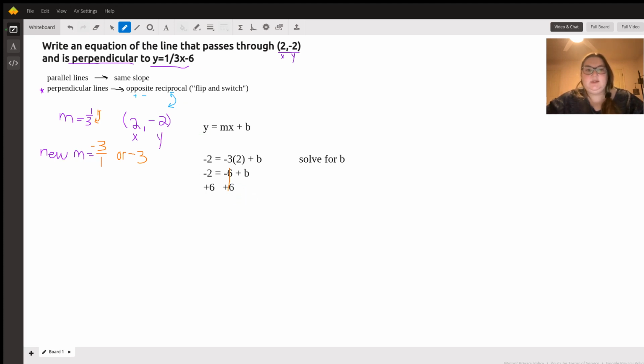And then -2 plus 6 gives me 4 equals b. Now I'm going to rewrite everything. So I'm going to write my new m and my b. And so my answer is going to be y equals negative 3x plus 4.